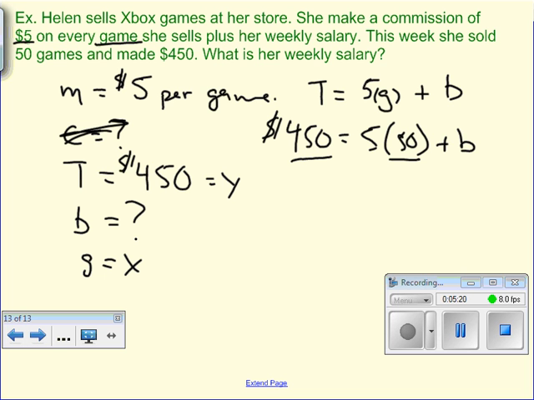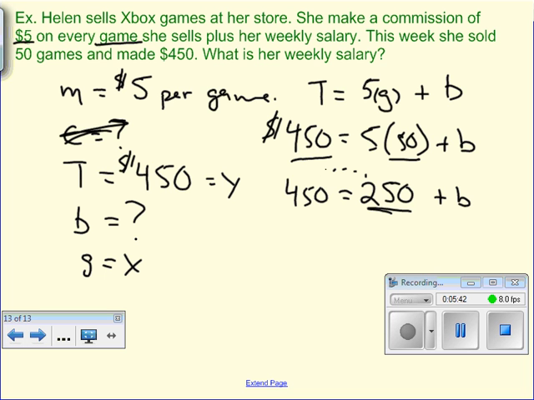Getting back to the question, I now have everything I need plus one unknown, and I can now solve this algebraically. So I have 450, and 5 times 50 is $250. So that's what she made just in commission, plus b. So 250 plus something equals 450. Now, most of you have probably figured it out. It's probably 200, but let's just figure it out algebraically.